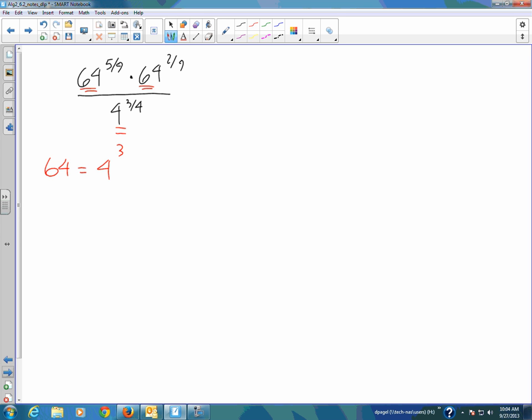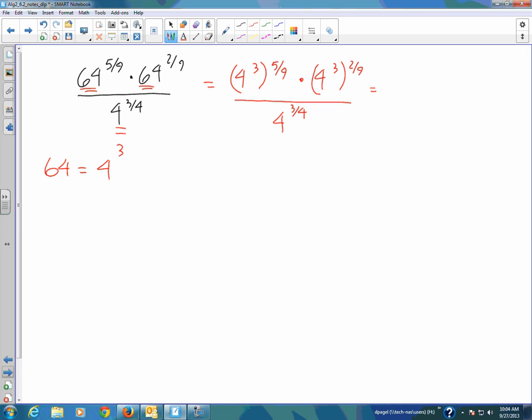So if we can make all of these become base 4 numbers, that's going to help me when it comes to the quotient part. Up in the numerator, I'll have some addition going on, and then I'll have some subtraction after I've worked with the numerator. So we're going to change this. We're going to make 64 become 4 cubed to the 5/9 times 4 cubed to the 2/9. And then all of this is now over the same number, 4 to the 3/4. All right.